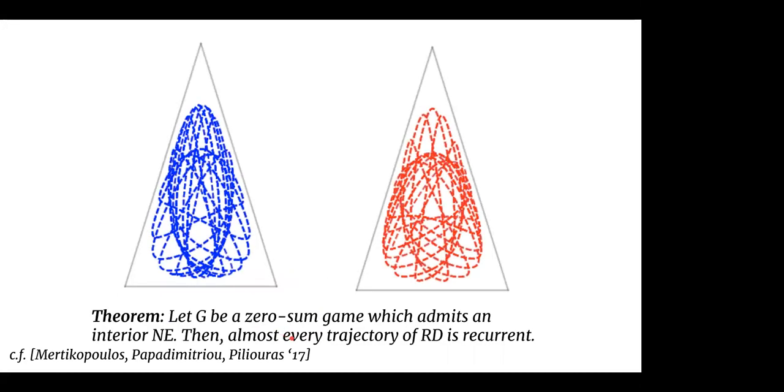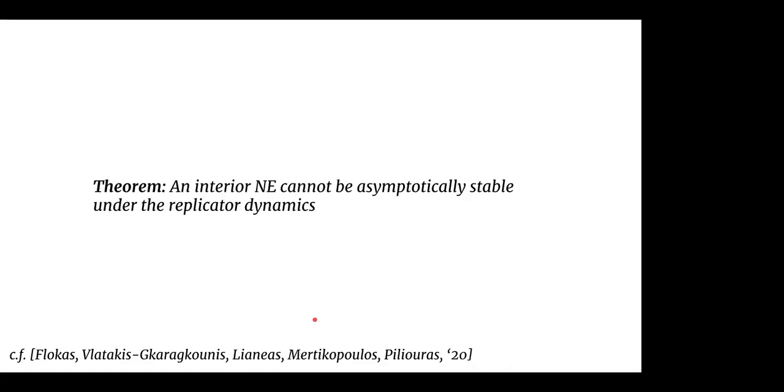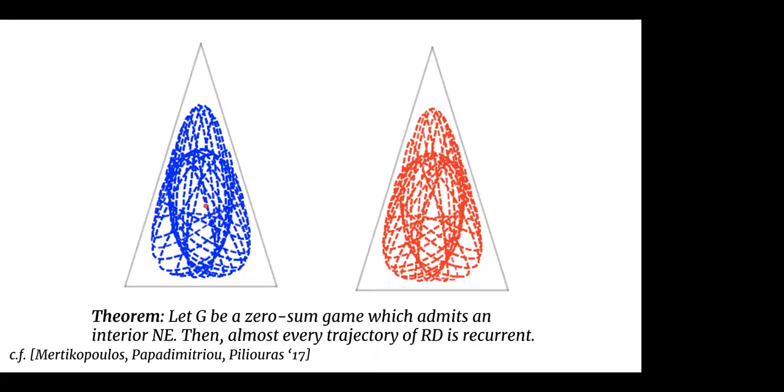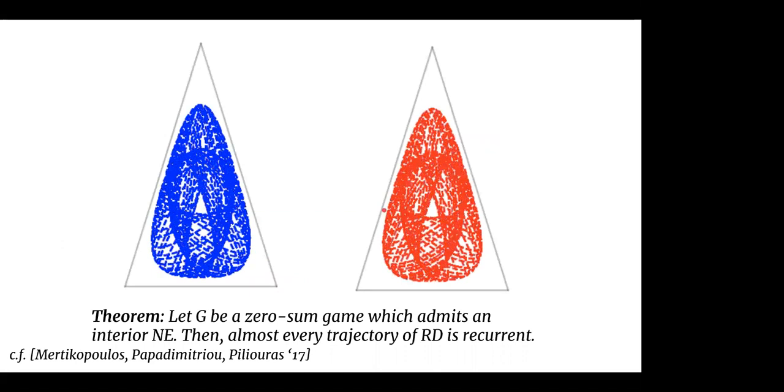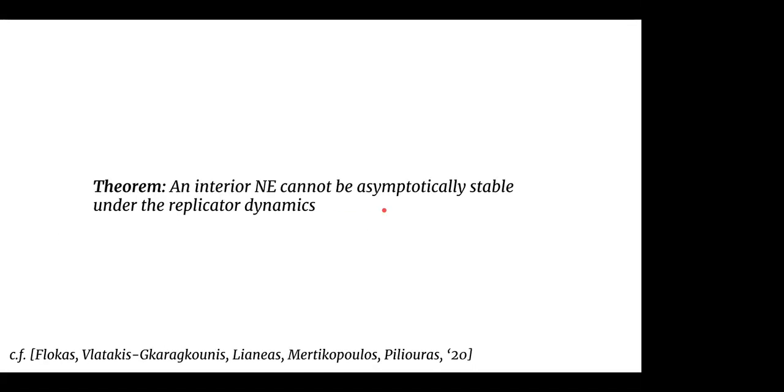We've shown this for zero-sum games, right? We can actually take this even further and show that any game which has an interior Nash equilibrium, right? So for example here, where we had the uniform distribution, any game that has an interior Nash equilibrium, that Nash equilibrium won't be stable under the replicator dynamics.